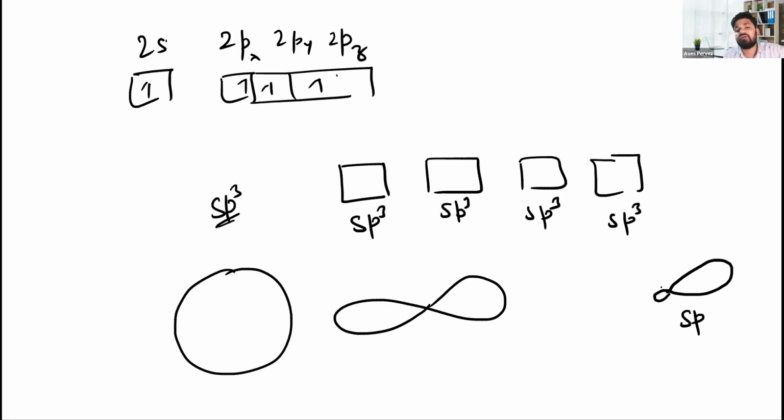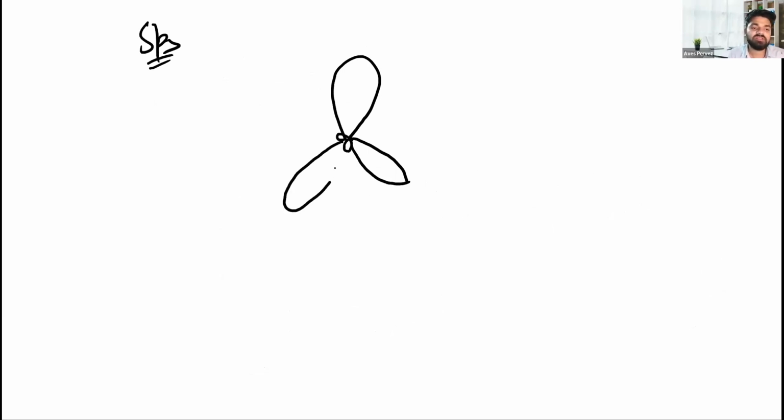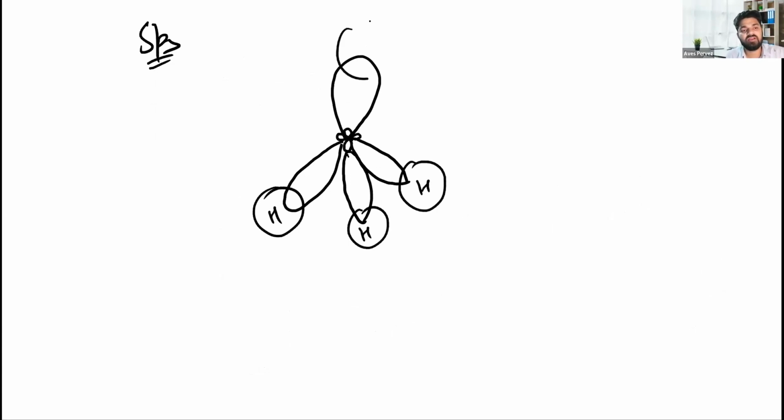So if we have 4 hybrid orbitals of sp3 shape, they will be like this: first sp3, second sp3, third sp3, and the fourth sp3. And here the hydrogen atoms will combine, one at each.